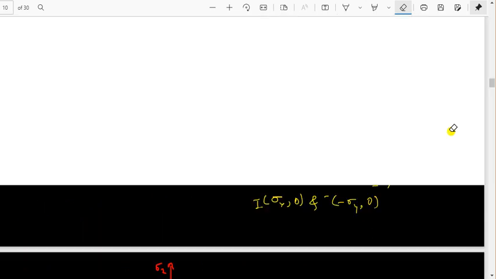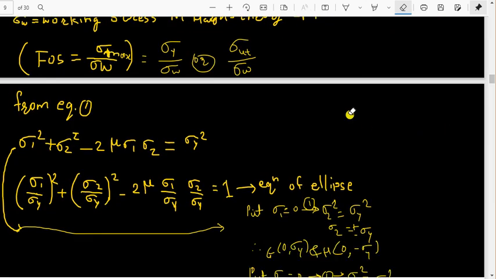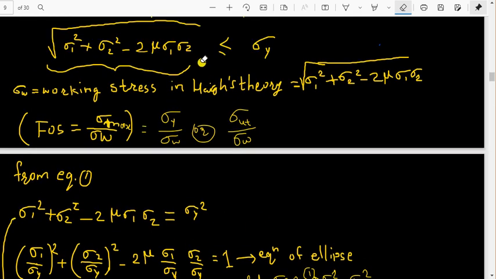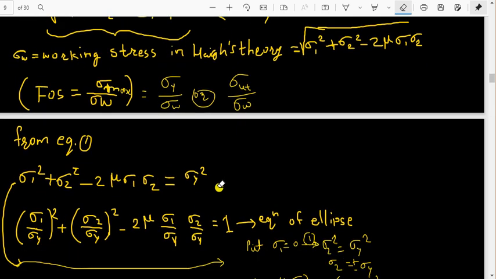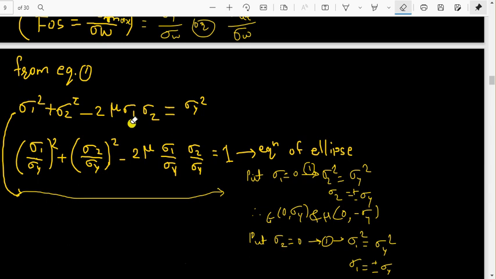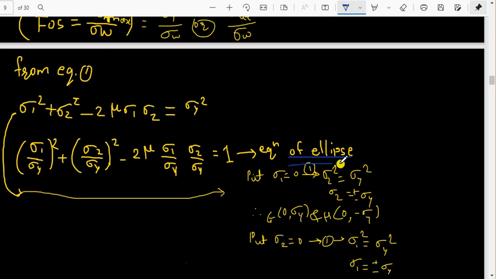Now from equation 1, that is this equation, we will rearrange it. We will transfer the sigma y square to the left hand side. Here you can find we are getting an equation which is nothing but the equation of an ellipse. So it is clear that after plotting this equation on a graph, we will get an ellipse shape.